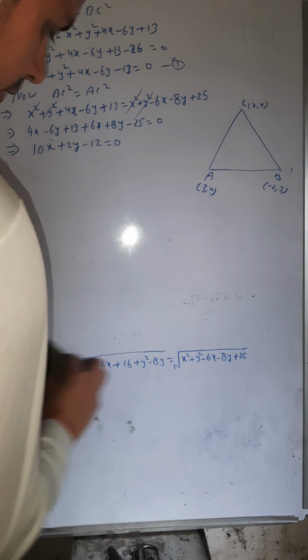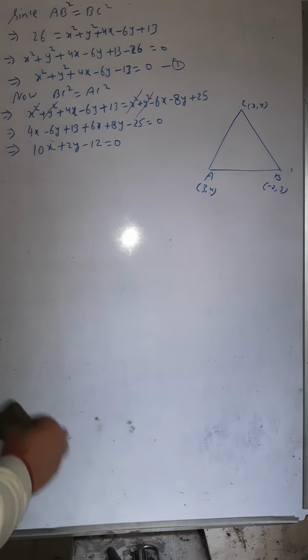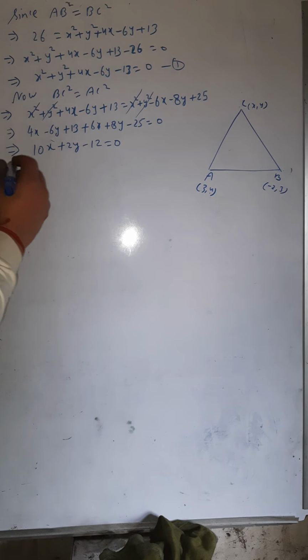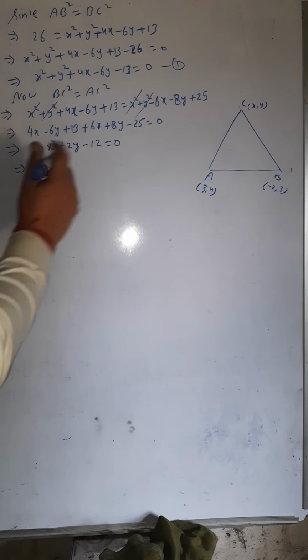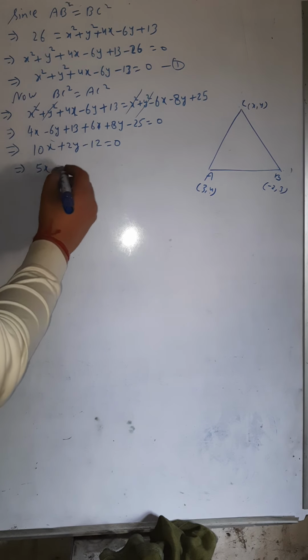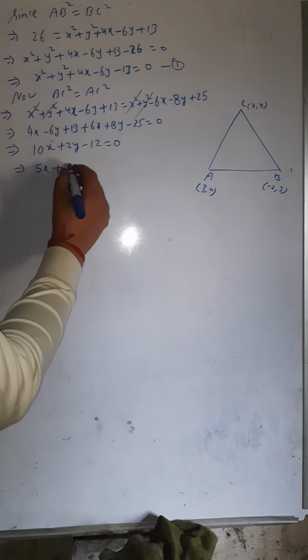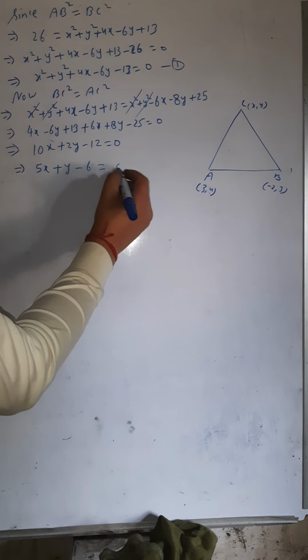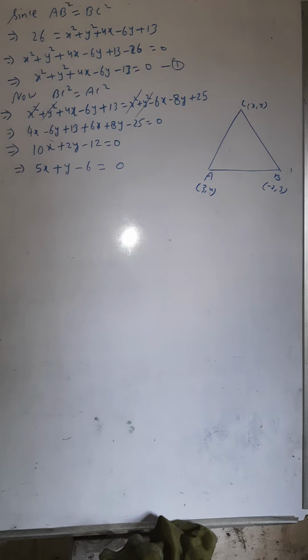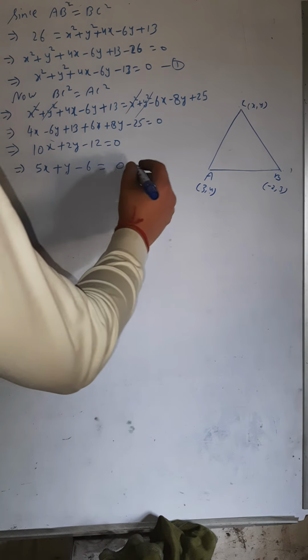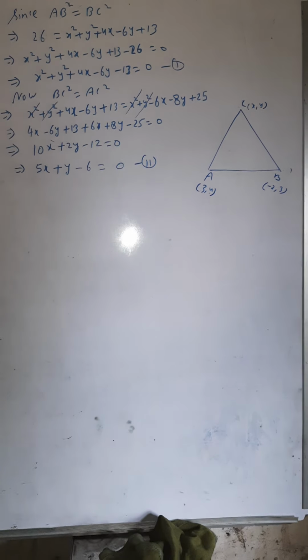No need for this now. Okay. Very good. So from here I can divide the complete equation by 2. So it will become 5x plus y minus 6 equals to 0. 2 5s are 10, 2 1s are 2, and 2 6s are 12. Here 2 0s are 0. I have divided the complete equation by 2. So this would be your equation number 2 now.